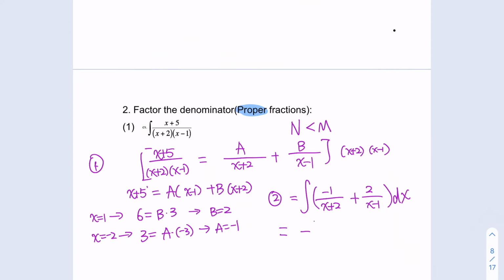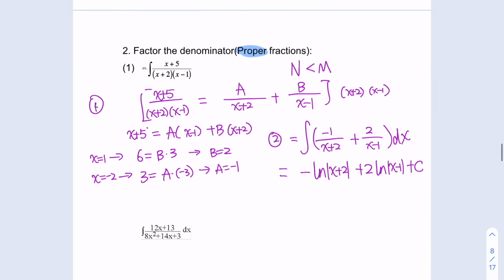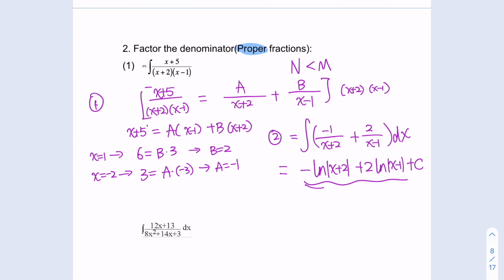This gives us negative ln of x plus 2 plus 2 ln of x minus 1 plus constant c. Sometimes for multiple choice, you have to be able to simplify this, so we can move these two inside. It's ln of x minus 1 squared divided by x plus 2 plus constant c.